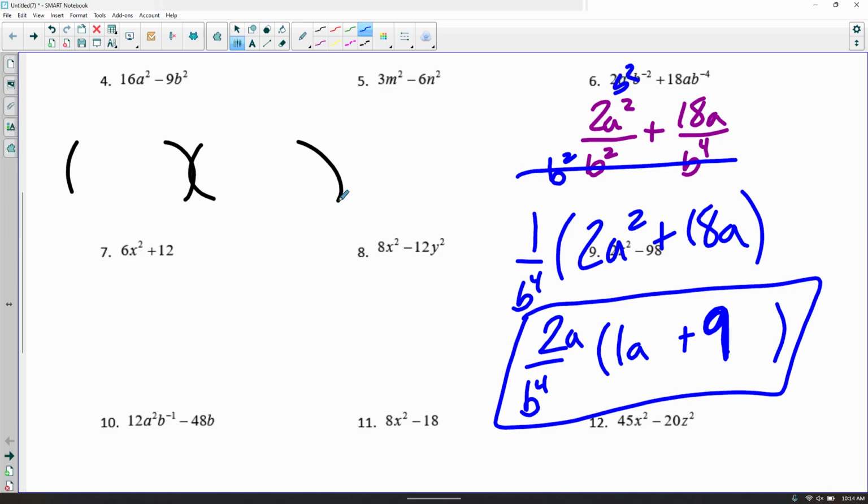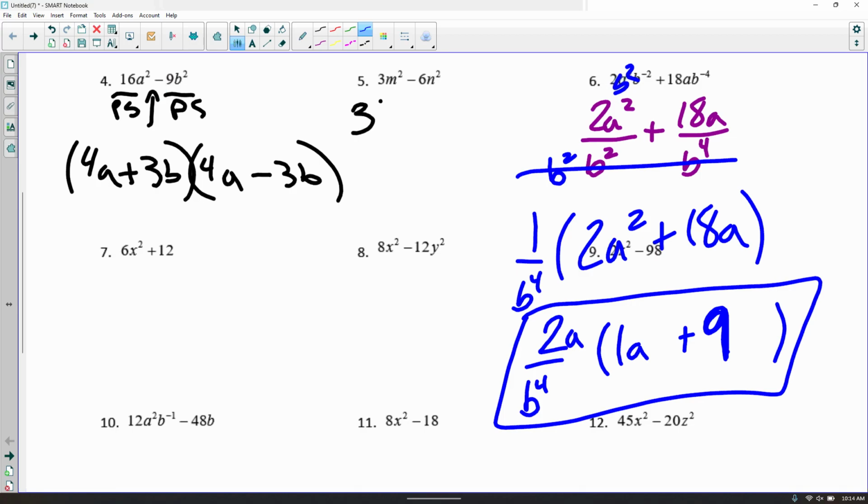So this would be 4a, 4a, one's positive, one's negative, 3b, 3b. The only way this is going to happen is if you got two terms that are perfect squares and you have a minus sign. If they're not, like this one, I have a GCF. I would have to pull the GCF out, leaving me m squared minus 2n squared. That's a perfect square, but that's not. So this is as far as this one would go.